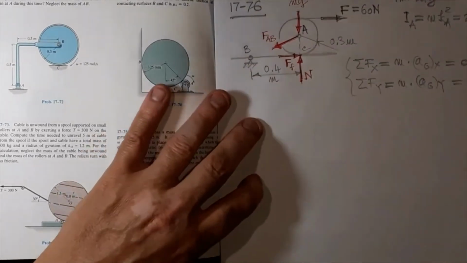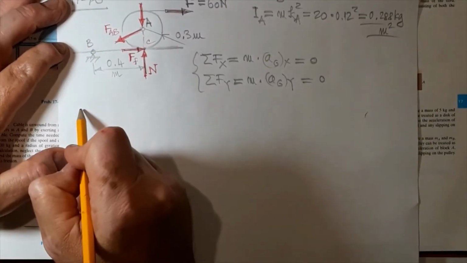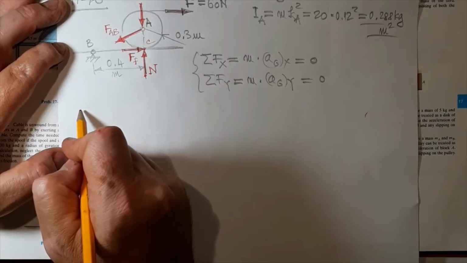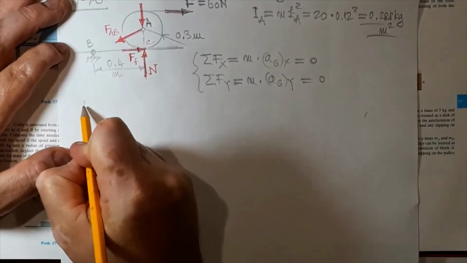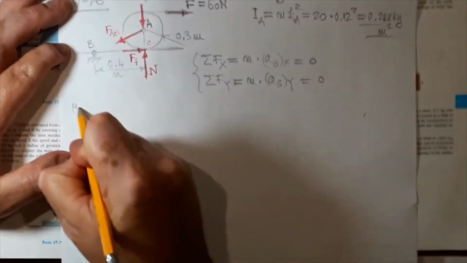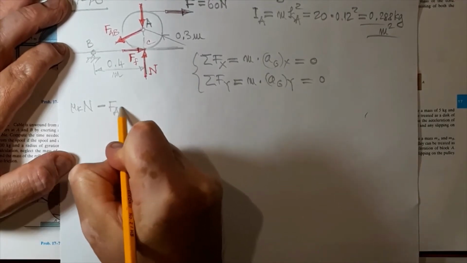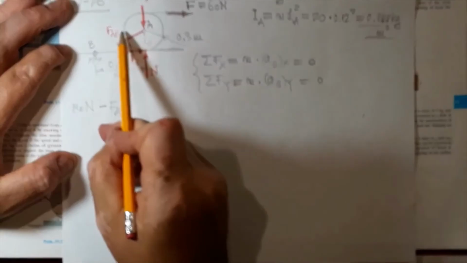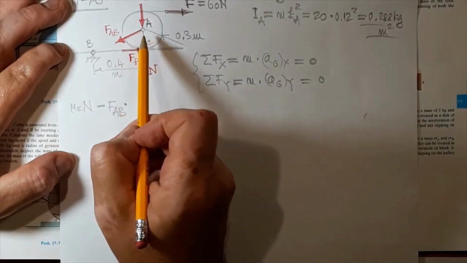Let's see what forces we have though. In the x direction, we have the friction force, which is the kinetic coefficient of friction times the normal force, and then I have negative FAB times cosine of the angle.